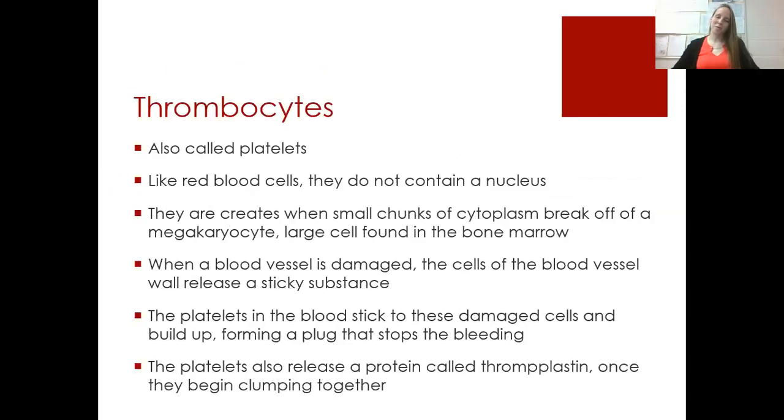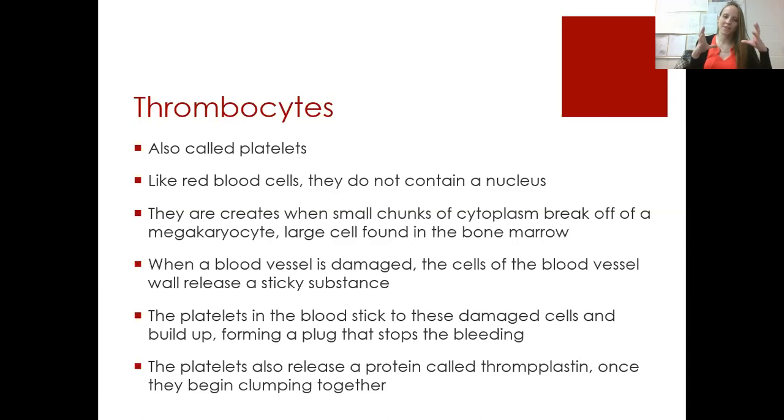Then we have the thrombocytes, which are also called your platelets. Similarly to red blood cells, they do not have a nucleus. However, they're not really an entire cell, if that makes sense. They're actually created when a small chunk of cytoplasm breaks off a larger cell called a megakaryocyte.